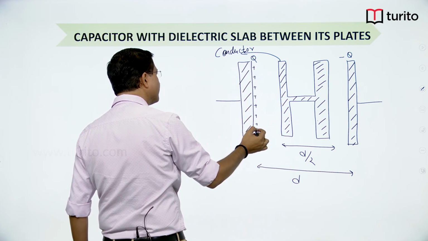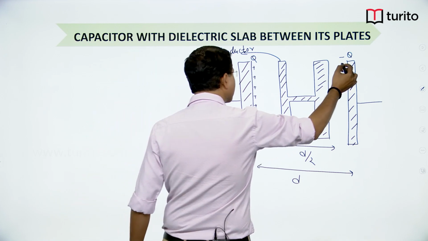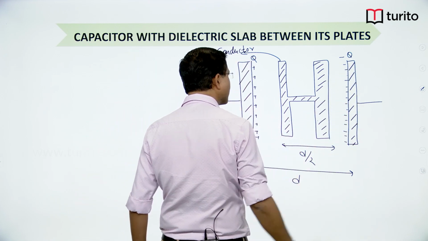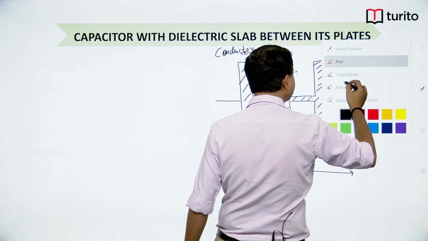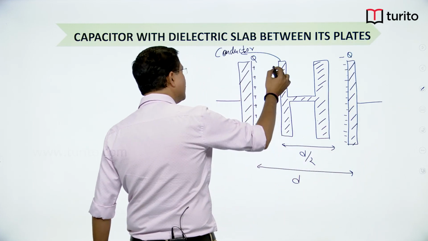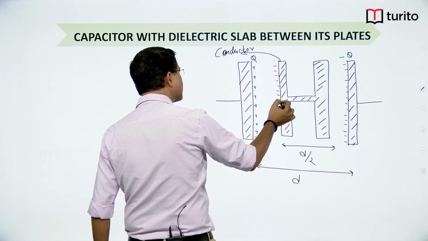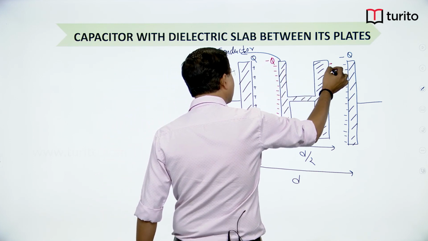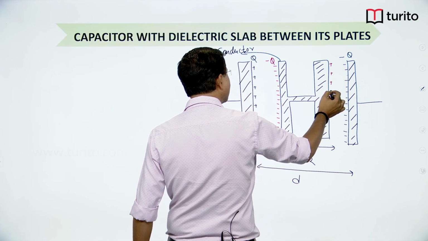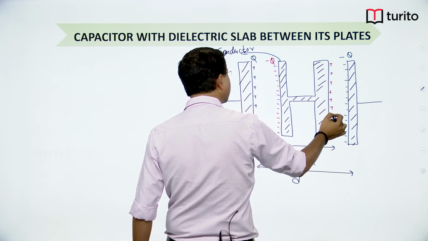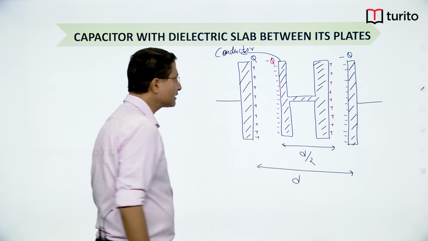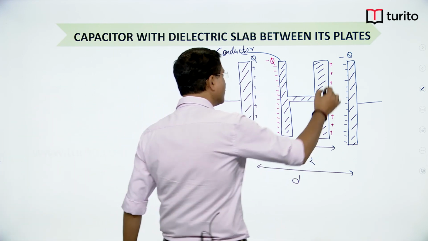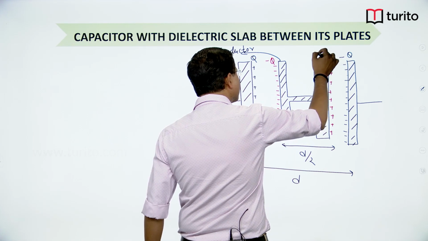The facing surfaces will have equal and opposite charge. So, this surface will have minus q charge and this surface will have plus q charge, right, because it was electrically neutral. So, the total charge has to be 0. Here this will have plus q, minus q, and this will have plus q.